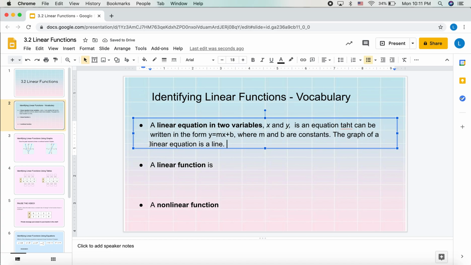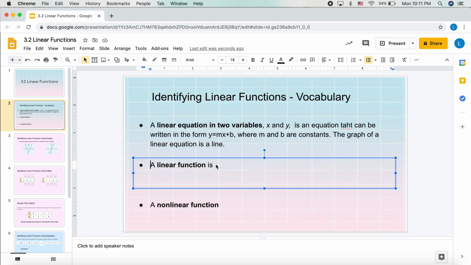And the graph of a linear equation is a line. Notice a linear equation literally has the word line in it. That's what tells us that the graph of a linear equation will be a line. All right. So now you're asking, what is a linear function? A linear function is a function whose graph is a non-vertical line.